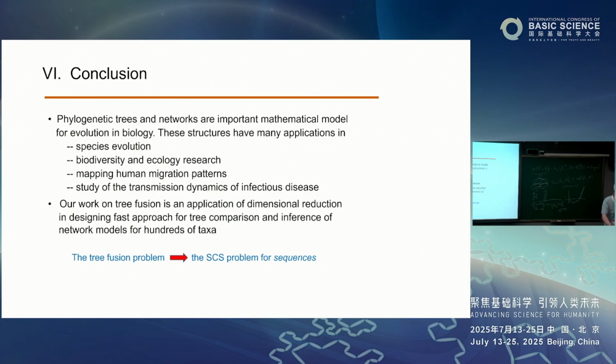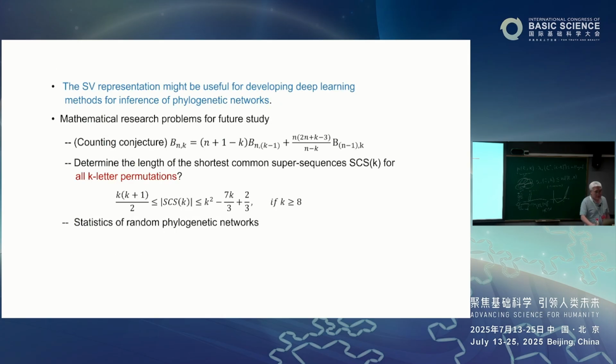Most important, we developed a sequence vector representation of trees and networks. This is probably useful for designing deep learning methods for inferring phylogenetic networks. This is something I want to do in the near future.